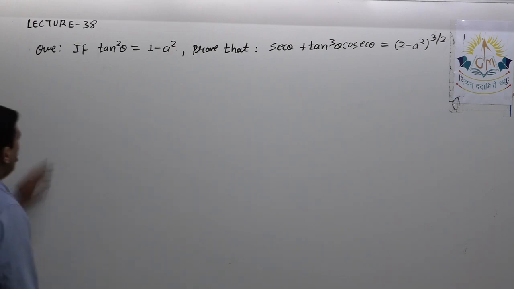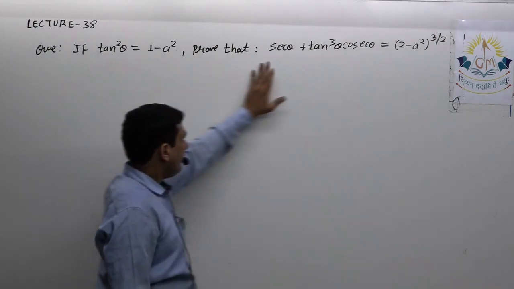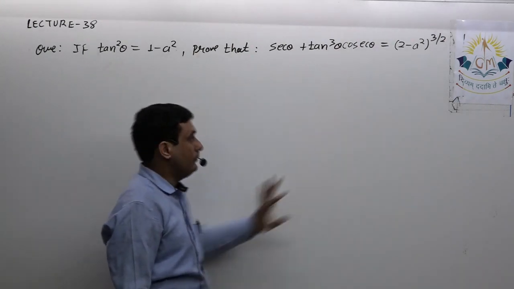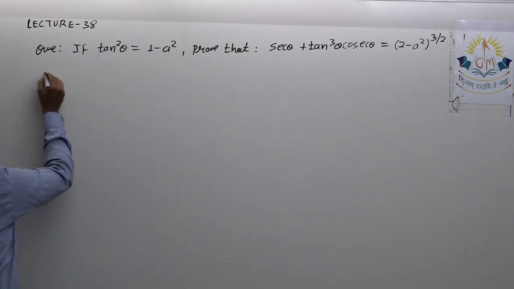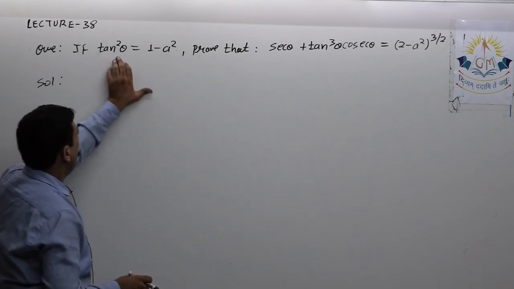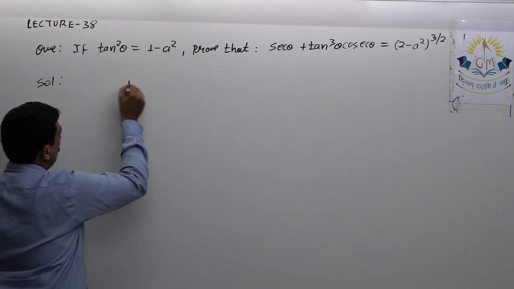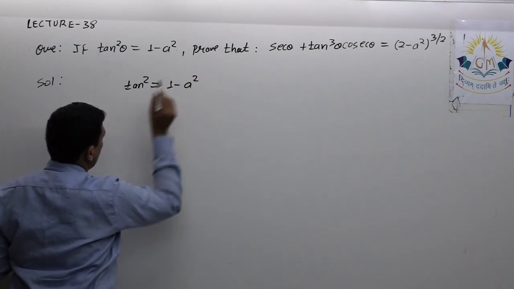Okay, see, one thing that I told you is that if tan theta is given, we can find all these terms. But let us see how to solve this in a different way. That is definitely a way. See, tan theta is given. We have tan square theta is equal to 1 minus a square.